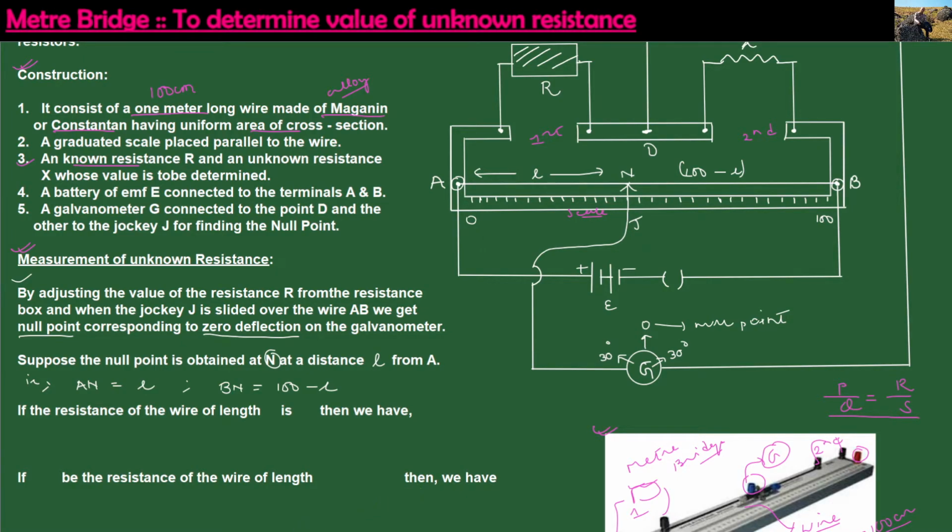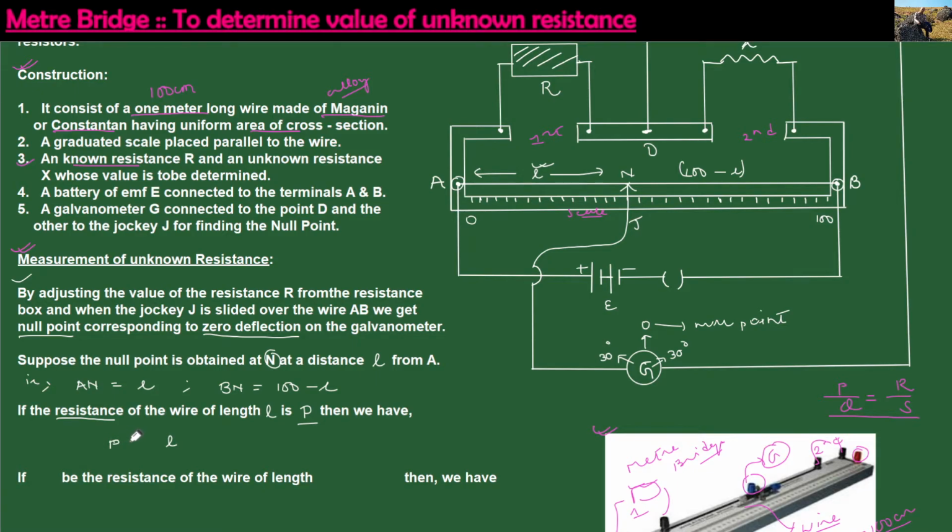Now, if the resistance of the wire of length L is P, then this length L corresponds to the resistance P. We already know from the previous formula that there is a relationship between length and resistance.